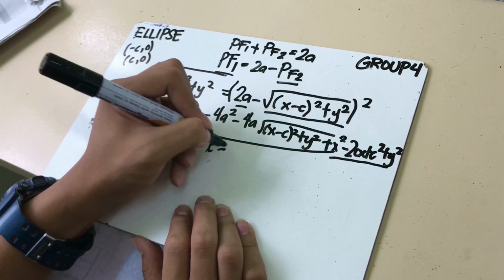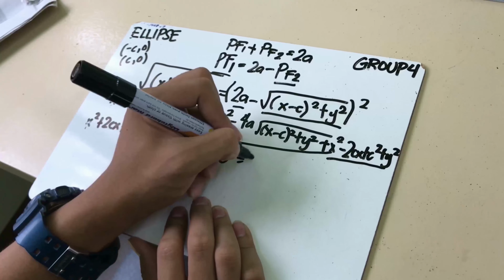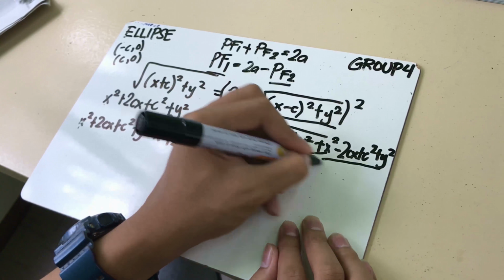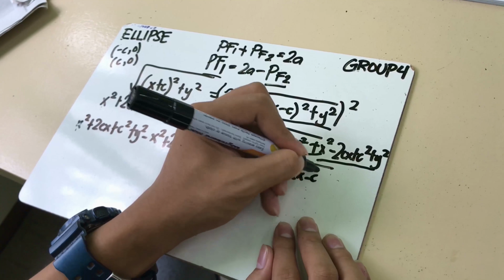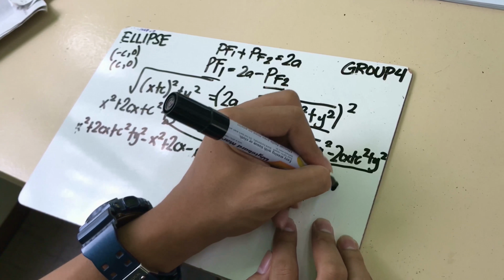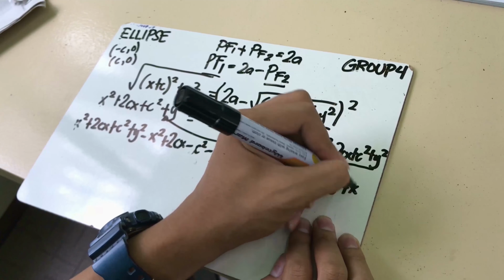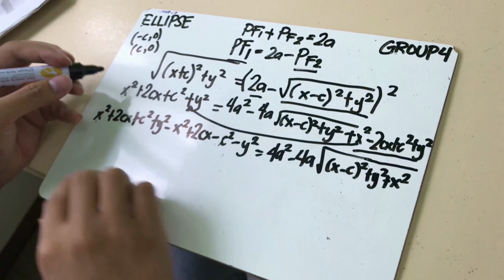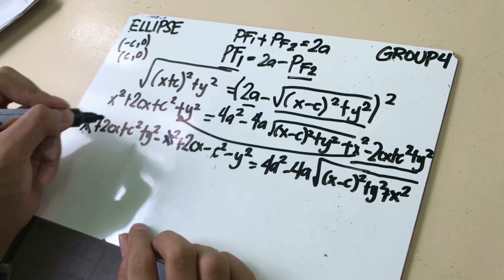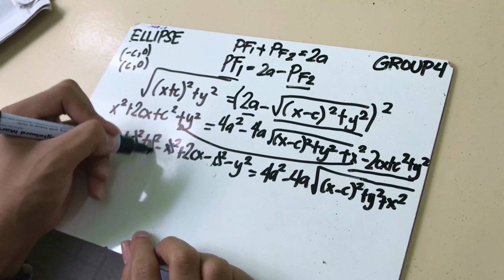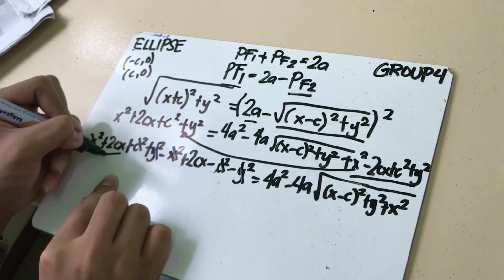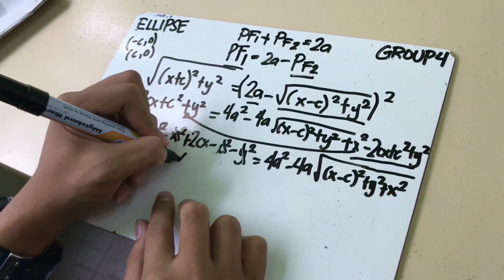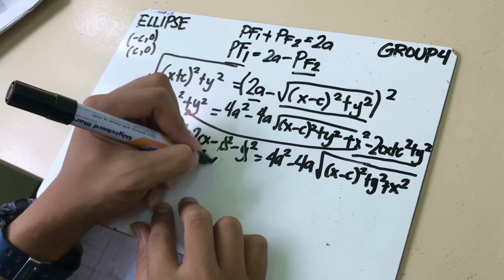It's minus x squared plus 2cx minus c squared minus y squared is equal to 4a squared minus 4a, then retaining your c squared plus y squared plus x squared, that's still part of your radical. Now the values cancel, because they're negatives. Then we have 2cx, and 2cx becomes 4cx is equal to 4a squared minus 4a.